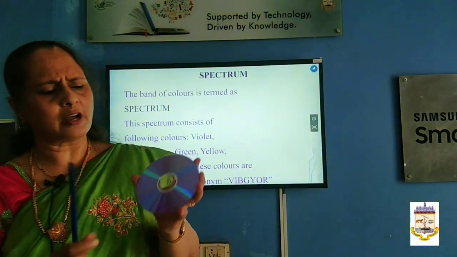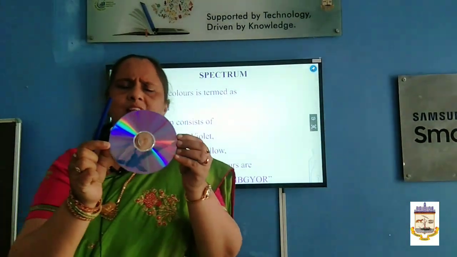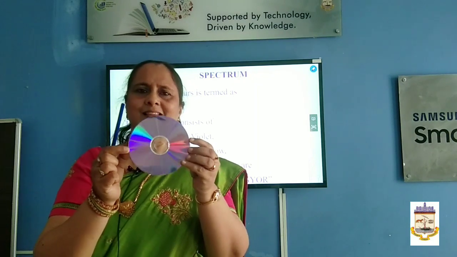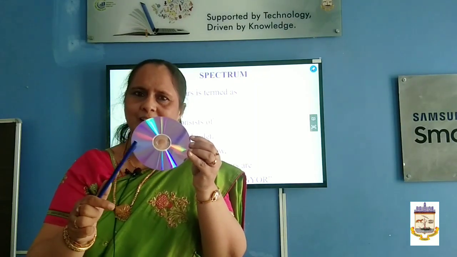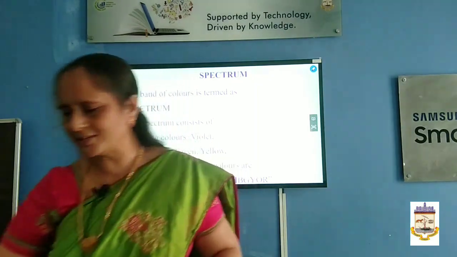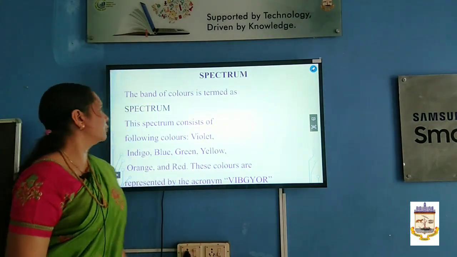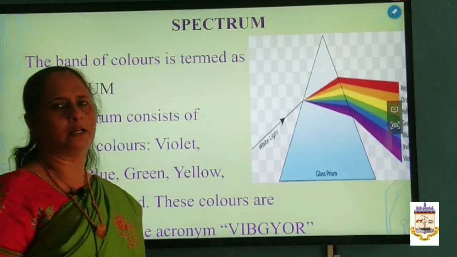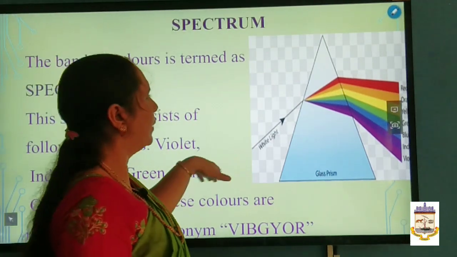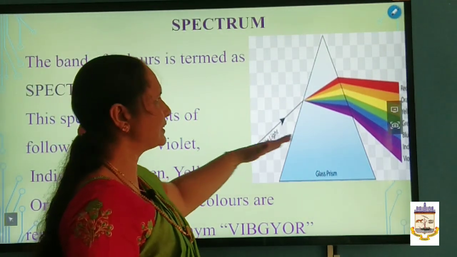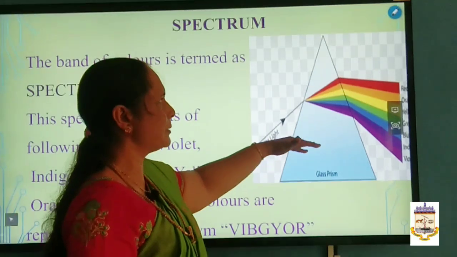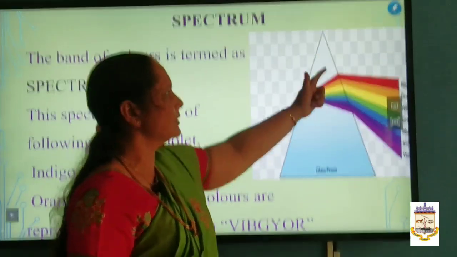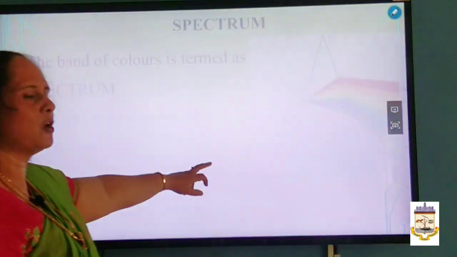Can you see the band of colors here? This band of colors is known as a spectrum. Now we are going to see how the spectrum is formed. When white light travels into a prism, the prism splits the white light into 7 colors. This is otherwise called a spectrum.